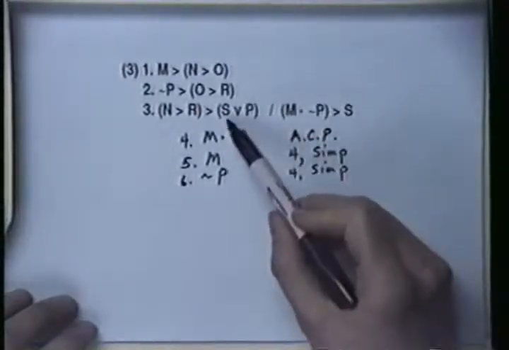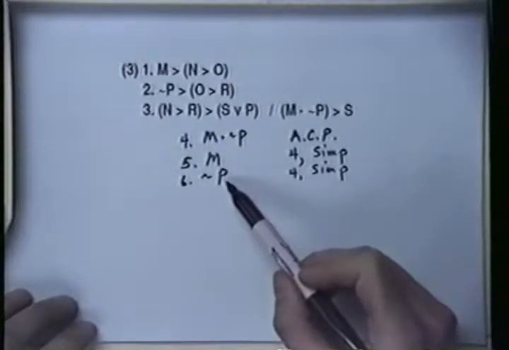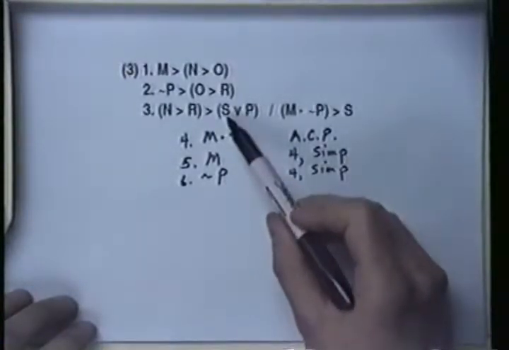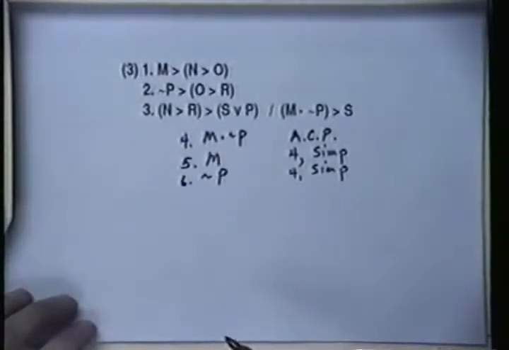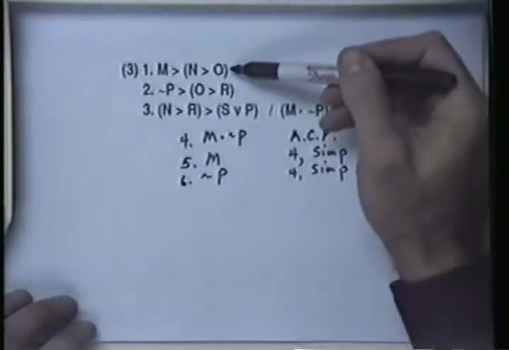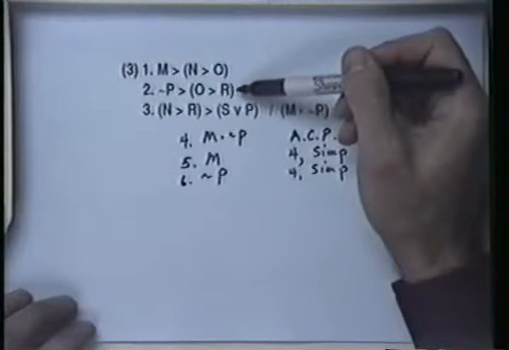Notice if we were able to derive S or P, since we already have not P to work with, disjunctive syllogism would give us the S if we had N hooks R. So how are we going to get N hooks R? Well, notice that the relationship between lines 1 and 2 comes into play here.